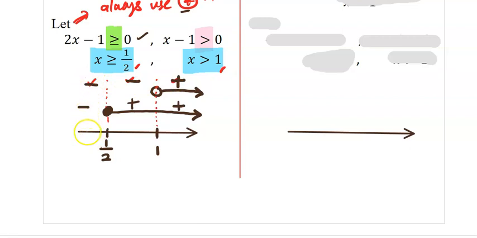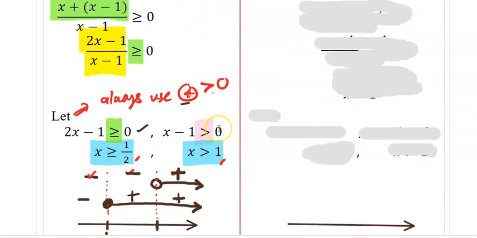Next, we combine the signs for the final conclusion to get the solution for this case. So we have minus minus plus, minus plus minus, plus plus plus. And what we require for this solution, by referring back to the case that we have, is greater equal to 0, which is asking for the case of plus.